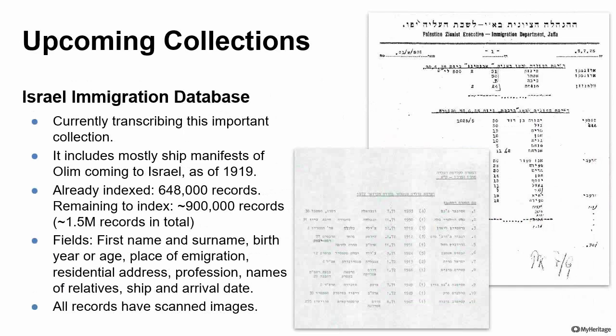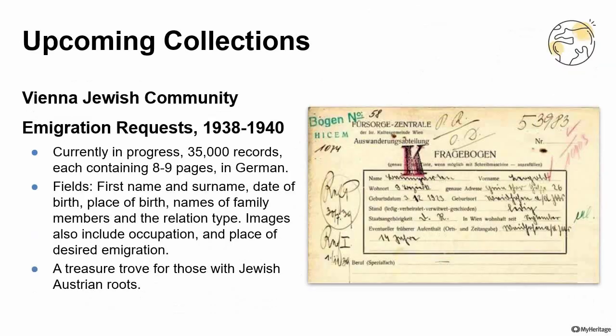And if you're talking about immigration, MyHeritage is also working on the immigration database of people legally or illegally coming to Israel since 1919, way before the establishment of the State of Israel, a wealth of information with images and totally searchable very soon.